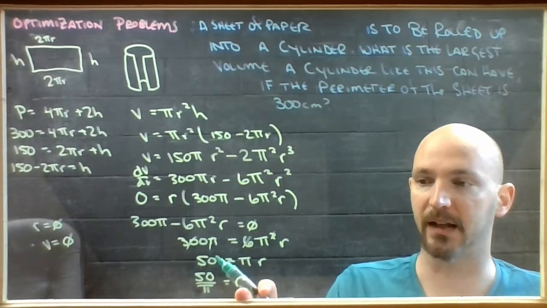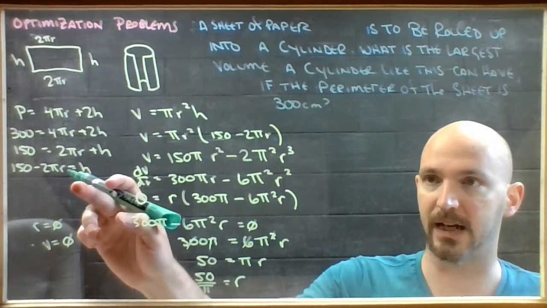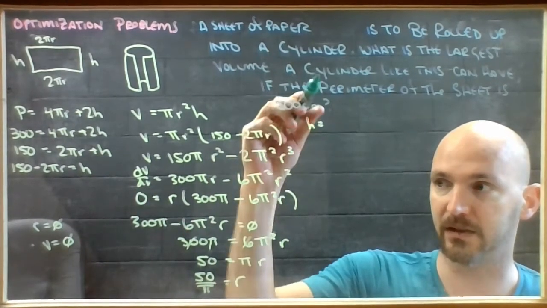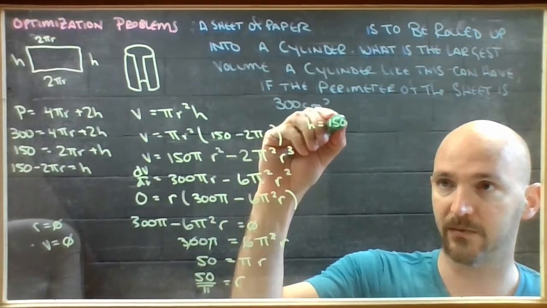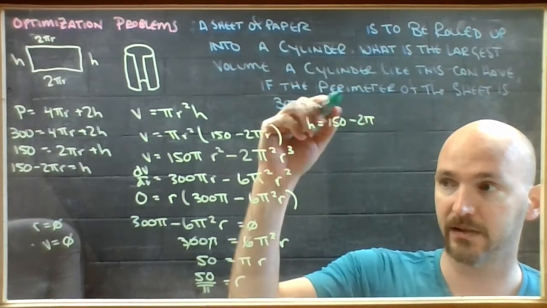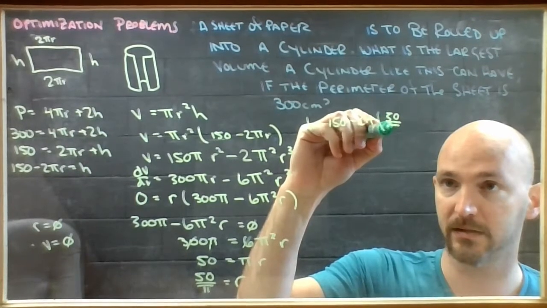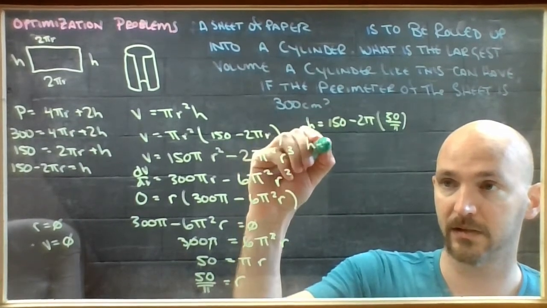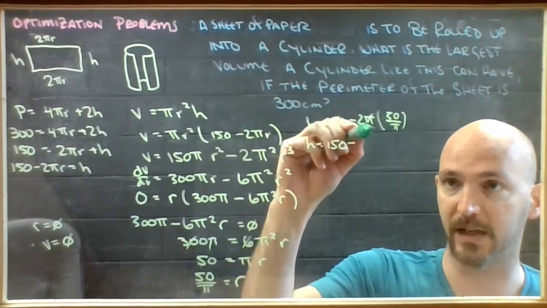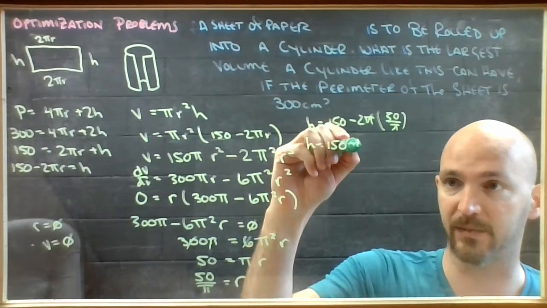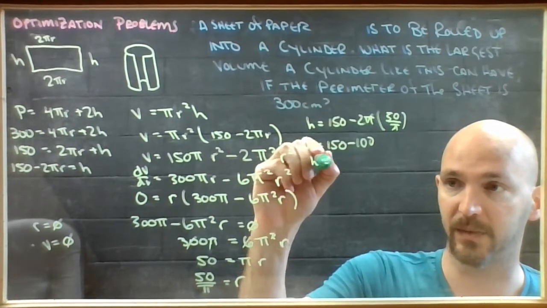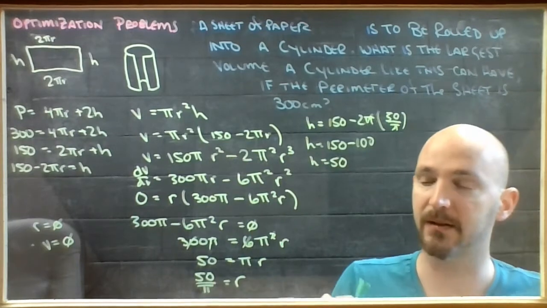Here, on the other hand, if I put r into that, let's see, h would be 150 minus 2 pi times my radius, 50 over pi. Pi divides pi, 2 times 50 is 100, gives me 50 centimeters.